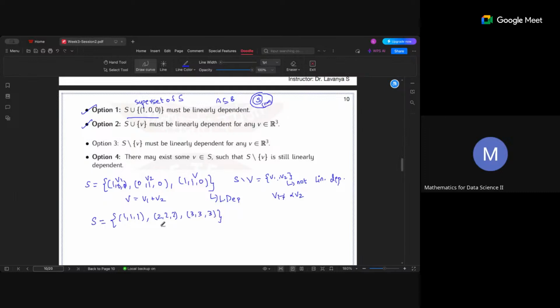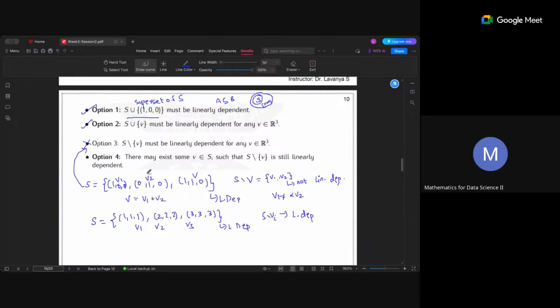Now if I remove any one vector, will the set still be linearly dependent or not? Yes. So this is linearly dependent, and this is V1, V2, V3. Removing any of these, it will still be linearly dependent because all are scalar multiples of each other. So we have to choose the correct set to show that this statement is incorrect.